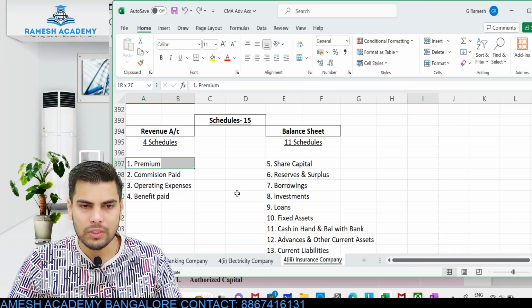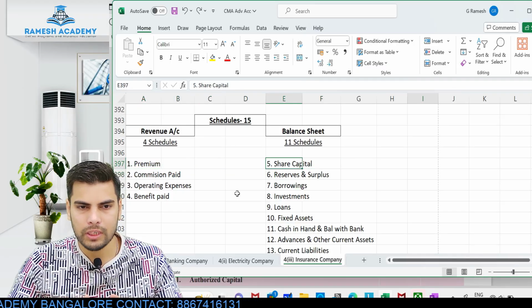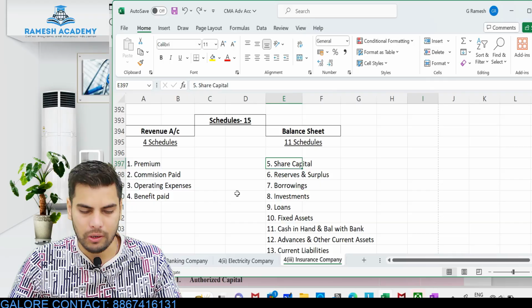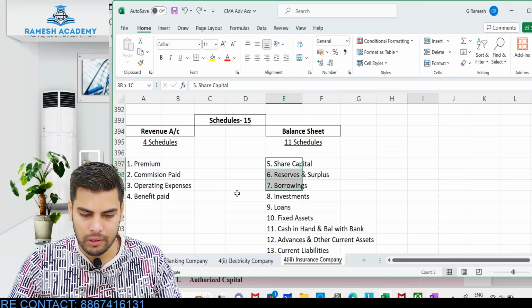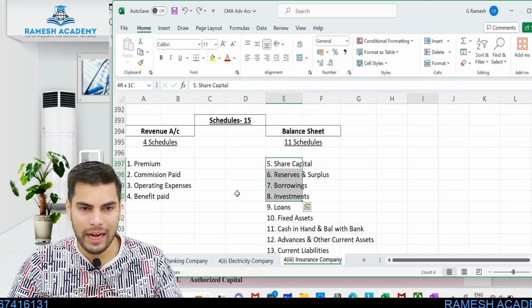When it comes to balance sheet, we have got totally 11 schedules. Out of 15, 4 are with respect to revenue account and the remaining 11 are related to the balance sheet. Out of these 11, number 5 would be share capital, 6 reserves and surplus, 7 borrowings, 8 investments, 9 loans and advances, 10 fixed assets.